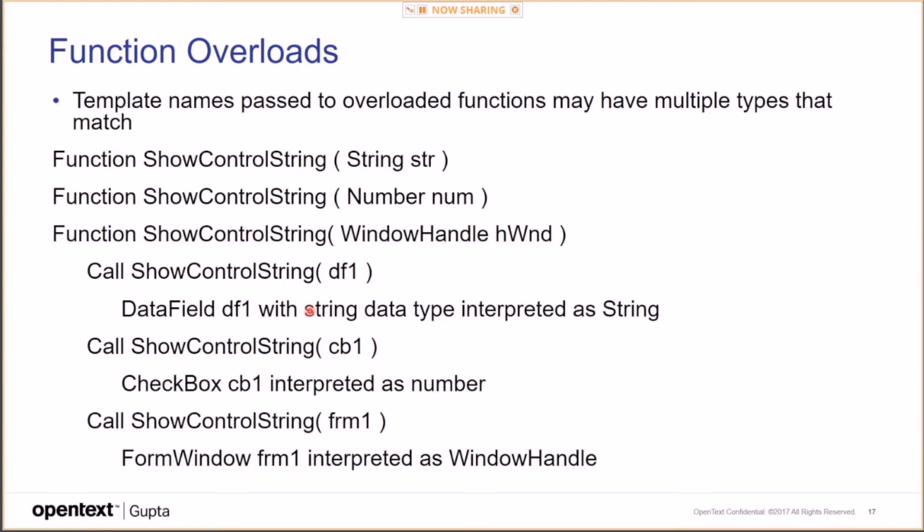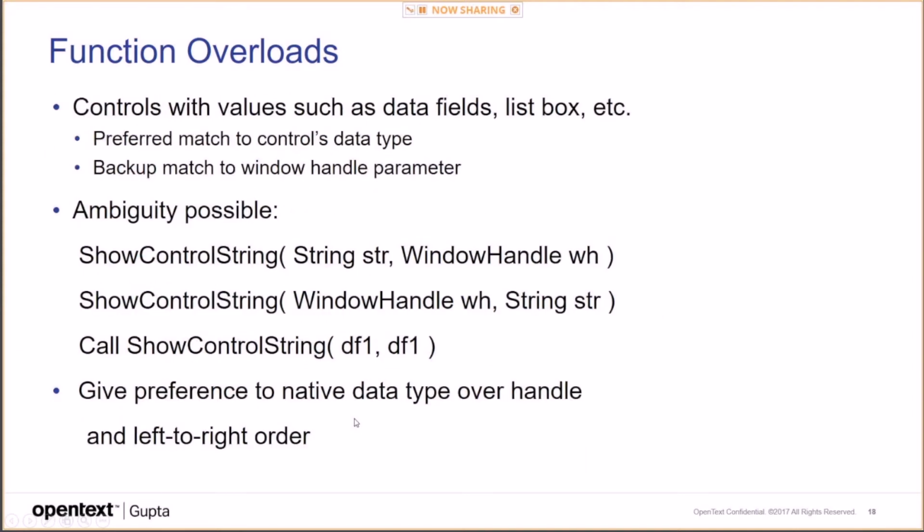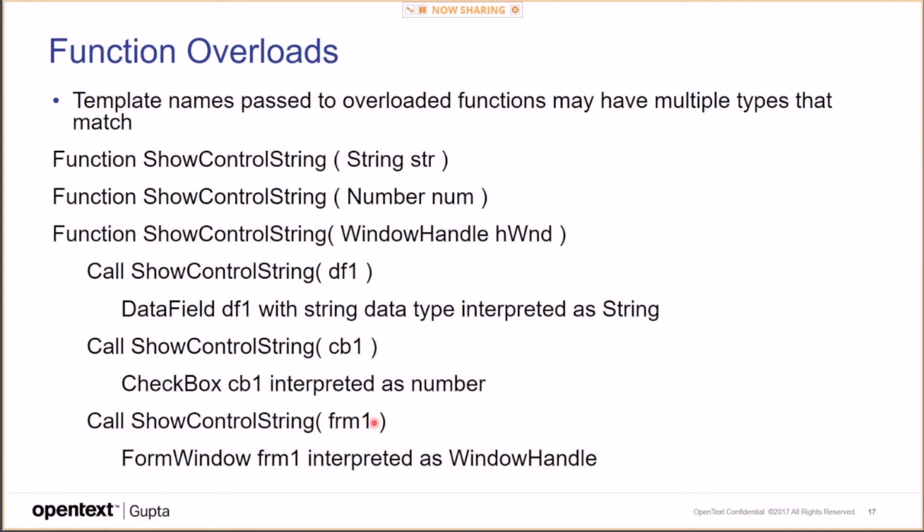In this case, it would be interpreted as a string, and in this case as a number, and in this one, a form window name, it would be interpreted as a window handle. So there are some areas where it's not so clear what would be used. This is the guideline to that.